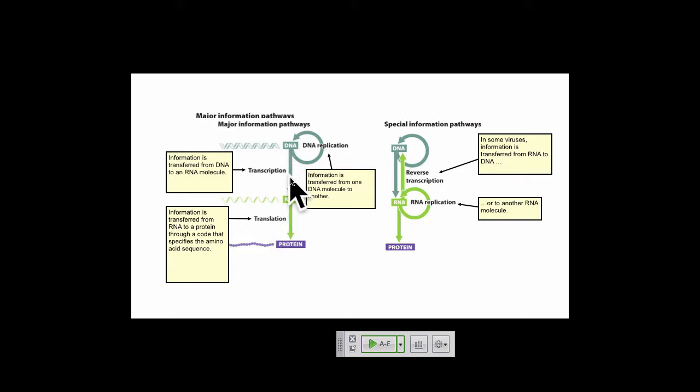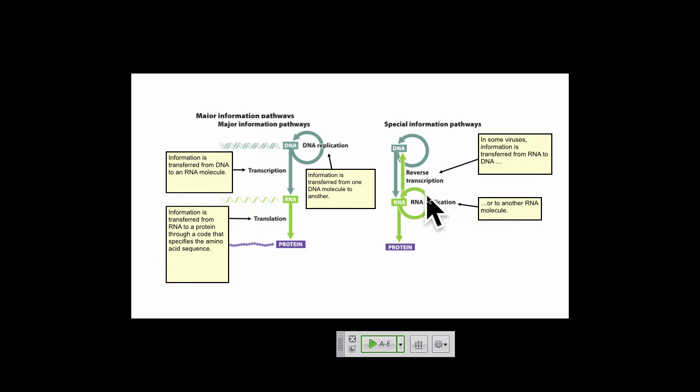There's a temporary transient copy of it in the form of RNA. That's through the process of transcription. And then that RNA serves to direct the assembly of the amino acids to give you the proteins that are made by translation. Everything was fine until the discovery of the retroviruses, which do in fact allow reverse transcription.